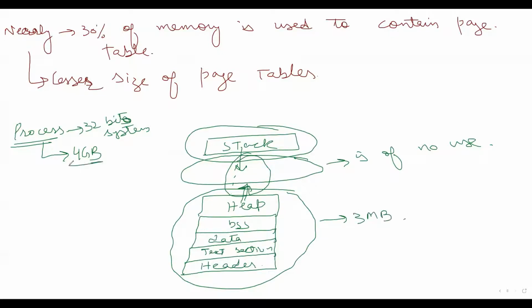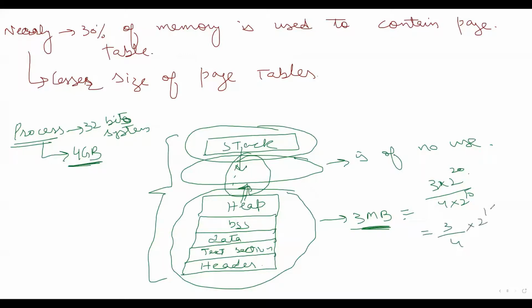So out of 4 GB of virtual memory, only 3 MB is used. If we convert 3 MB into pages of 4 KB, how many pages will it be? It will be 3 times 2 raised power 20 divided by 4 times 2 raised power 10, so approximately 2 raised power 10 pages.